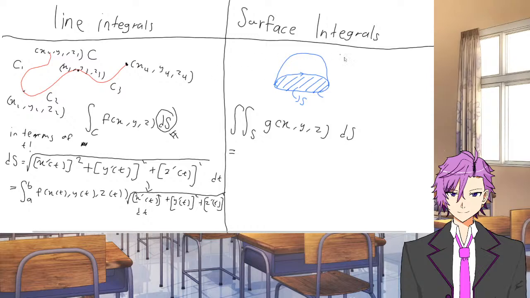So, for example, if we do dS, we'll start with the delta S_i from the Riemann sum.